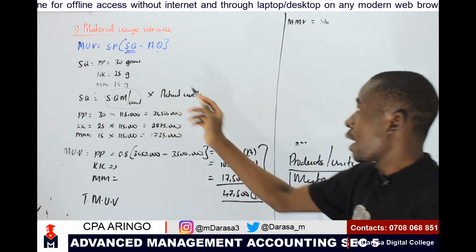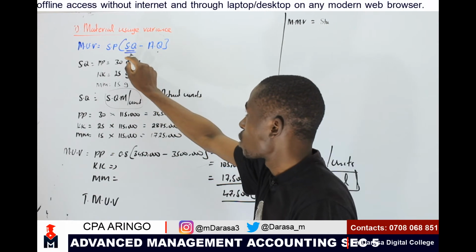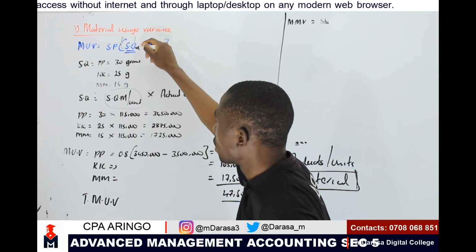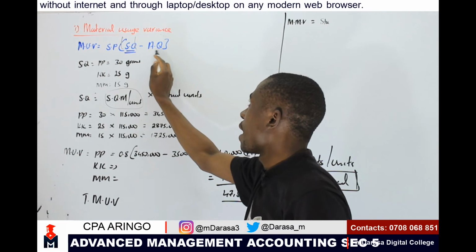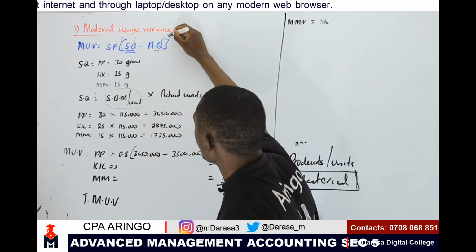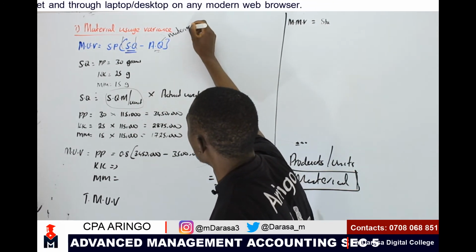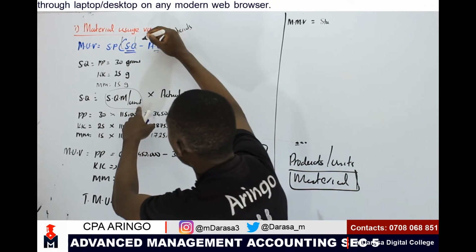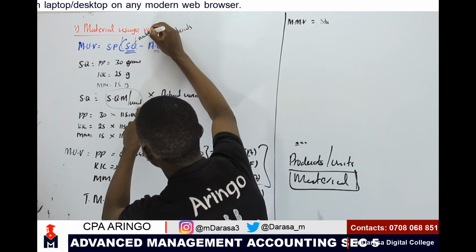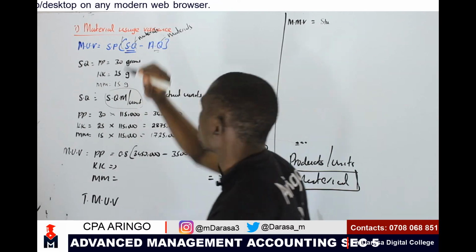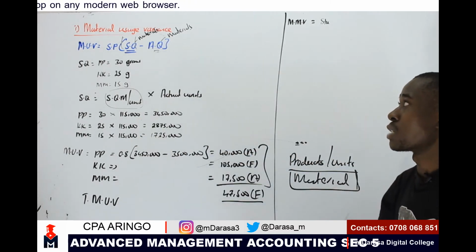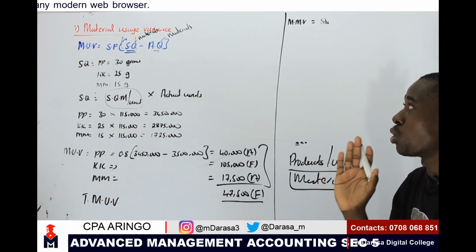That's why we are required to determine the SQ. Whereas the actual quantity, in this case, is the actual quantity of the materials. Whereas this formula will give us the standard quantity of the materials, not units. That's why we have to work it out on the material.